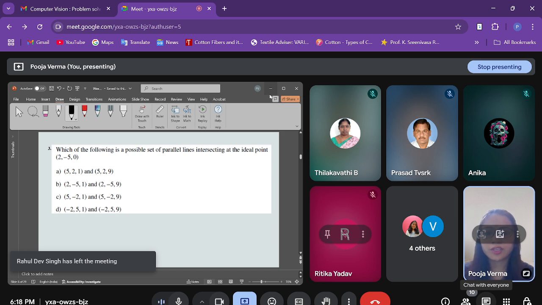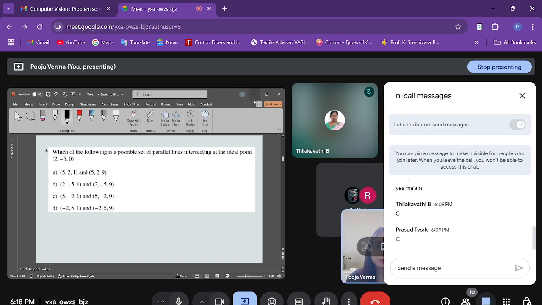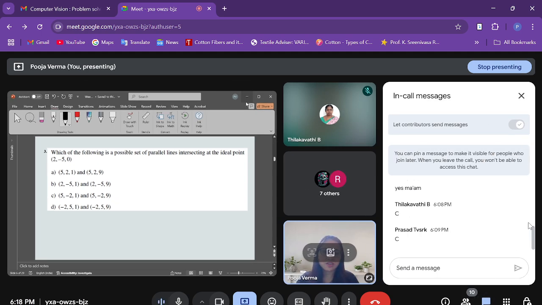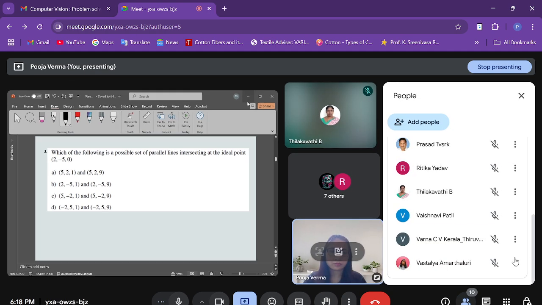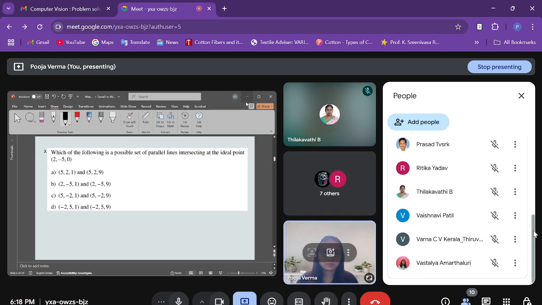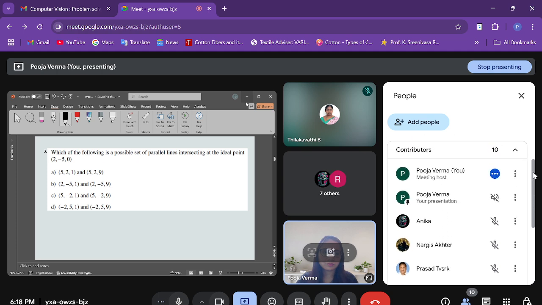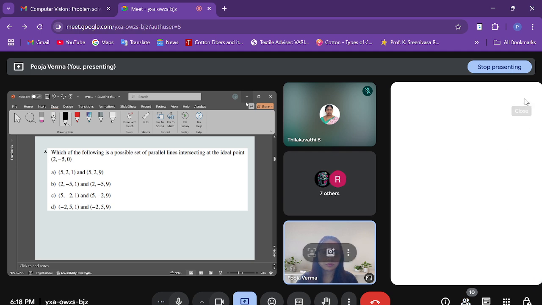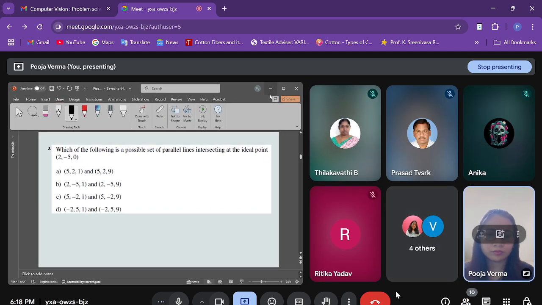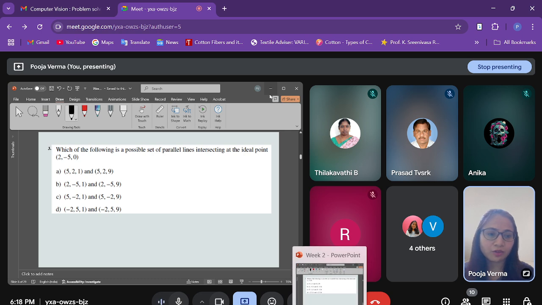Which of the following is a possible set of parallel lines intersecting at an ideal point 2, -5, 0? Please answer at least. Then I will solve it.